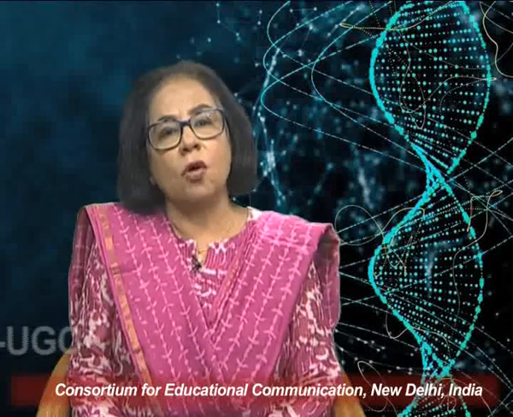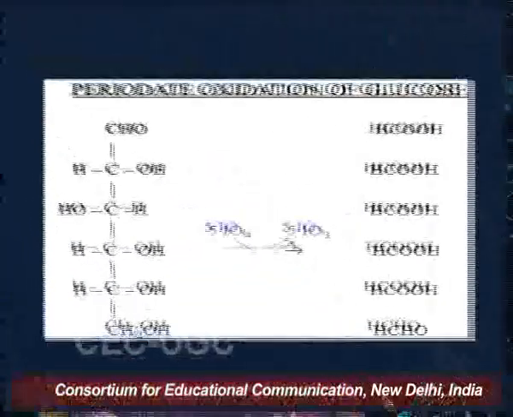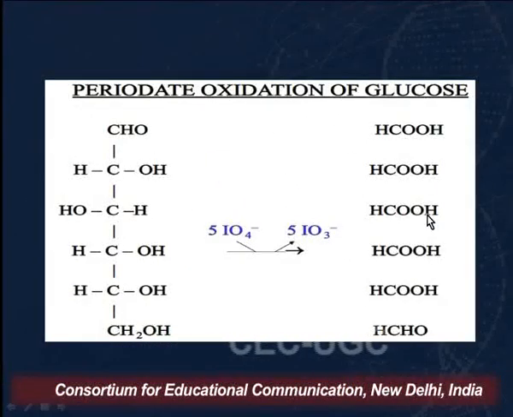So when we talk of the periodic oxidation for glucose, as I've already told you in the beginning, the CHO group, that is the aldehyde group, will be converted into formic acid. We are breaking this bond. The secondary alcoholic group will be converted into formic acid. Again we have 4 secondary alcoholic groups here, 1, 2, 3 and 4.